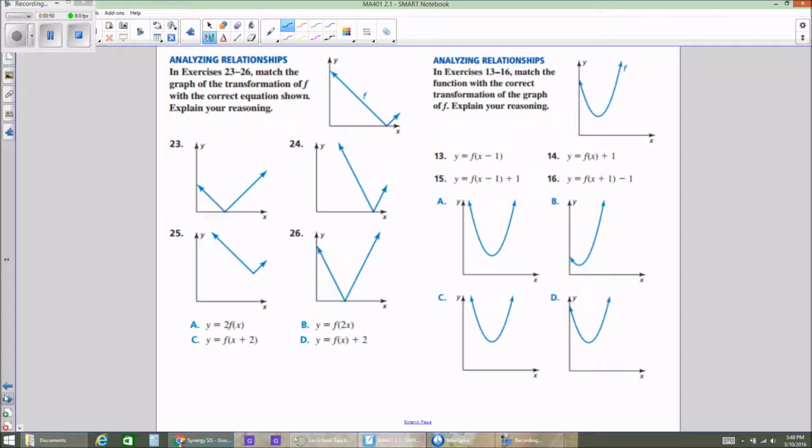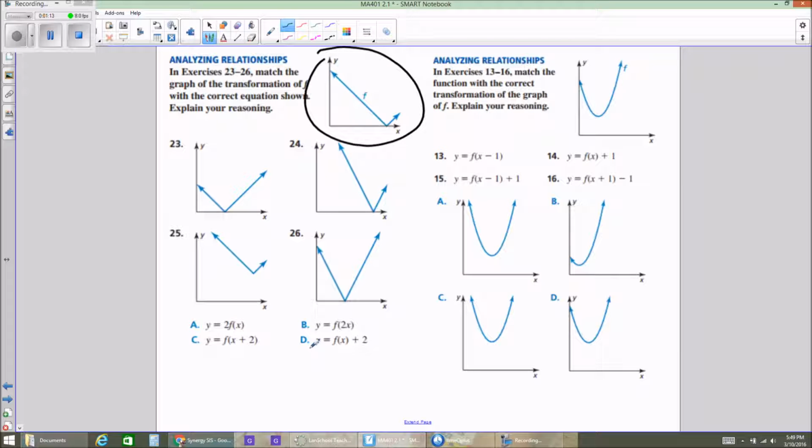It says in exercises 23 to 26, match the graph of the transformation of f with the correct equation shown and explain your reasoning. Okay, so here's our original graph right here. And let's start with the most obvious transformation.